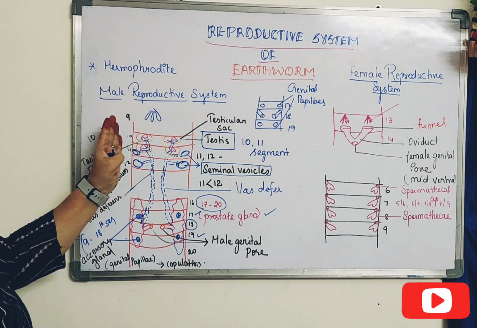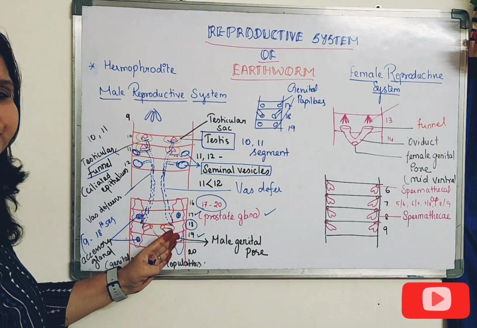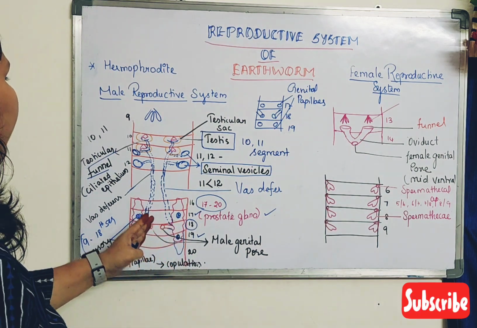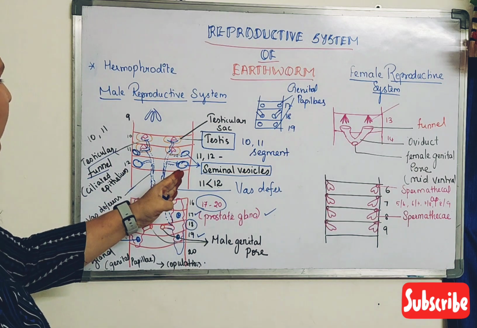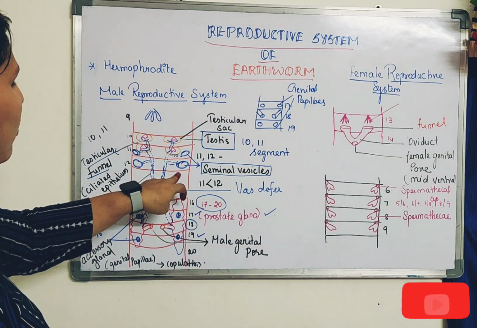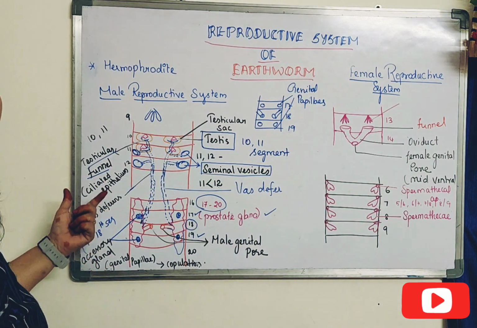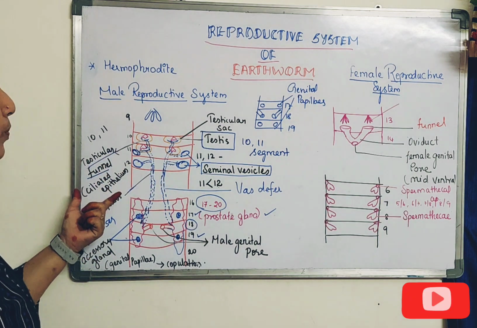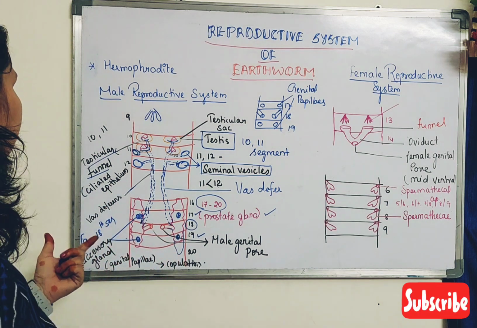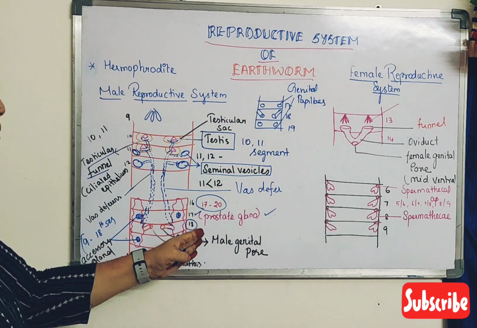That funnel extends up to the 18th segment as the vas deferens, and in the 11th and 12th segments we have the seminal vesicles. The seminal vesicle in the 12th segment is larger than that of the 11th. The testicular funnel is made up of ciliated epithelial tissue.